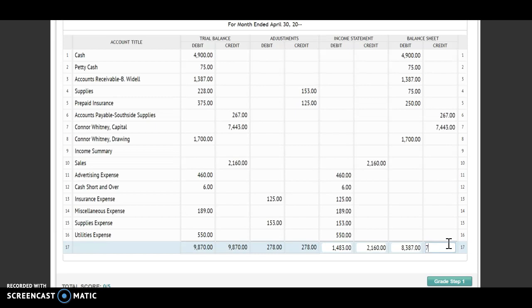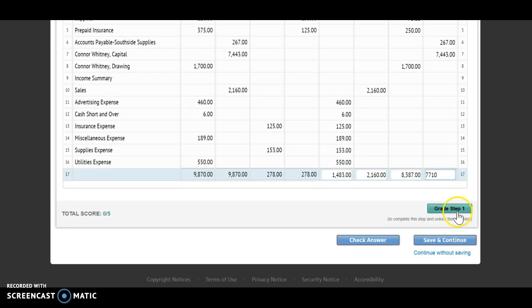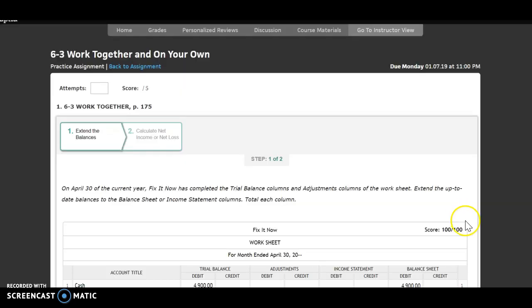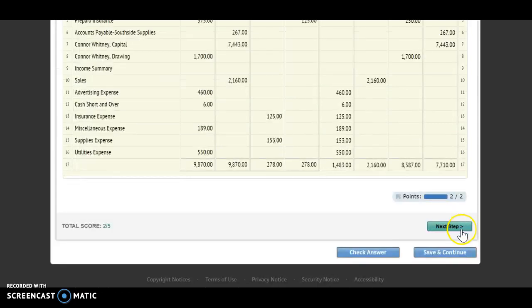And I get $7,710. Okay, so now that I have those, remember these are not going to equal right now. Our debit and credits for those two are not going to equal. So I'm going to grade step 1. Next step.